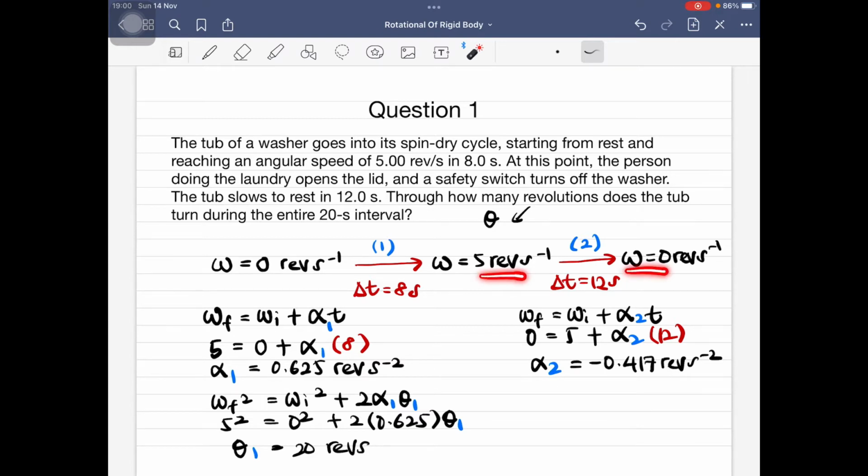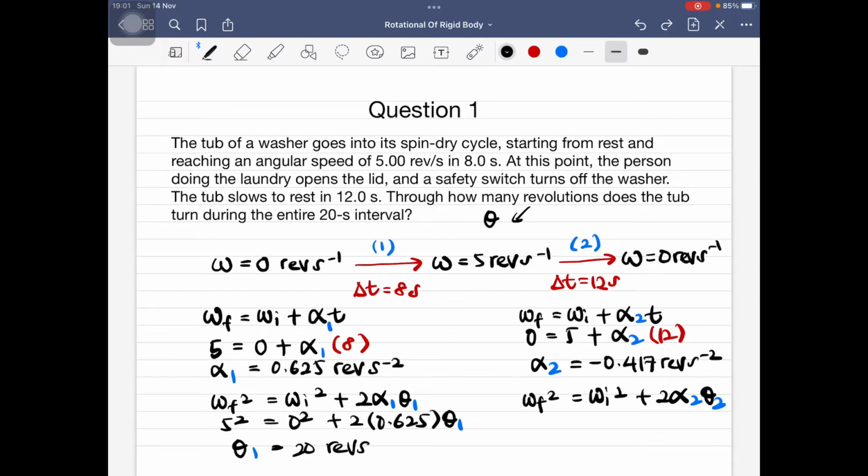Okay, next we're going to find what is the revolution for the second part, and I'm going to apply the same equation, which is omega final squared is equal to omega initial squared plus 2 alpha for the second part, and then your revolution. Okay, and this is also for the second part. So we're going to insert the infos.